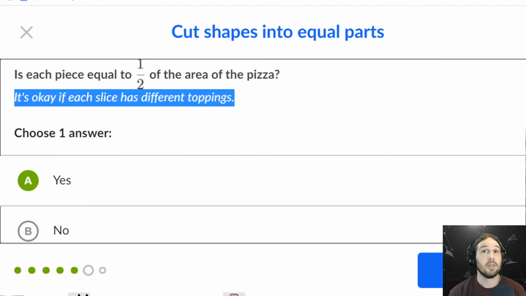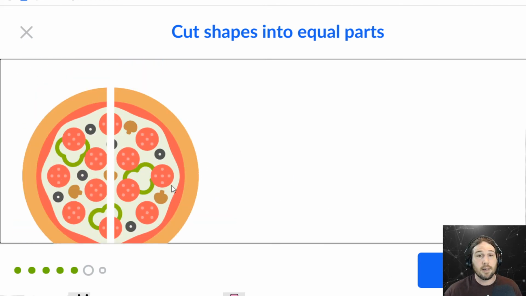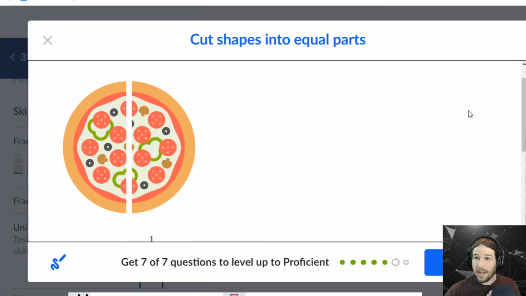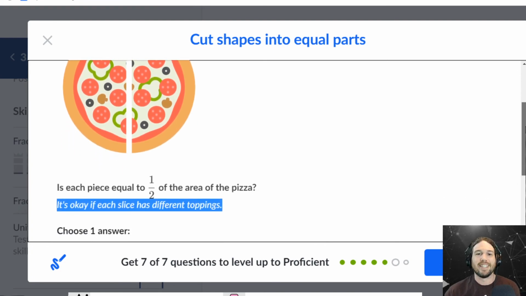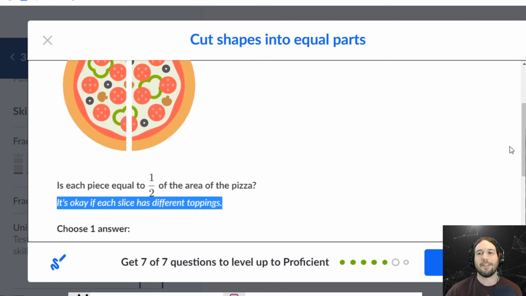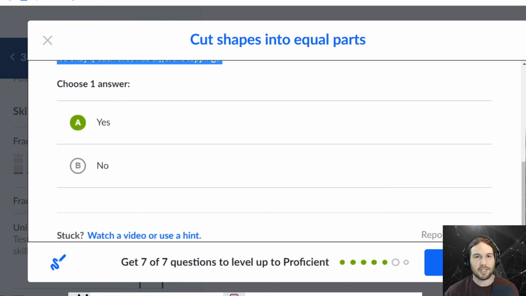As a teacher, be ready for this stuff. If you put a piece of pizza here, and it's not perfectly symmetric, they'll be like, no, there's 3 olives on this side and only 2 and a half on this side, so they're not equal. You gotta be very clear as to what you mean. So I like that they got out ahead of it and said it's okay if each slice has different toppings.